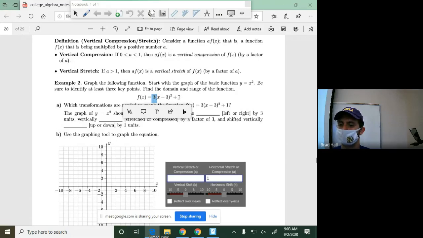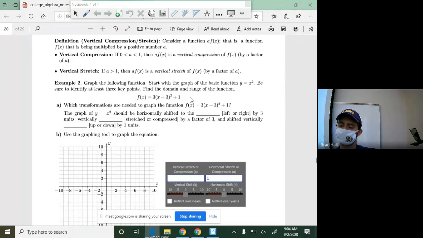But that 3 is not multiplying the 1 back here. It's still the vertical stretch, but it's not multiplying the y. It's multiplying something, and that's all that matters. It's multiplying something that has an x in it.